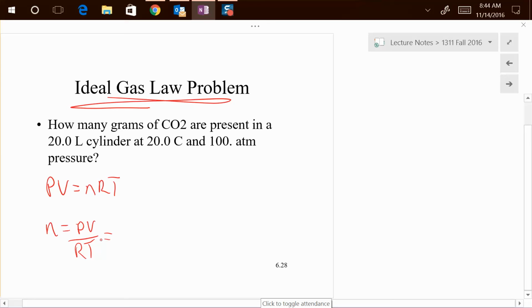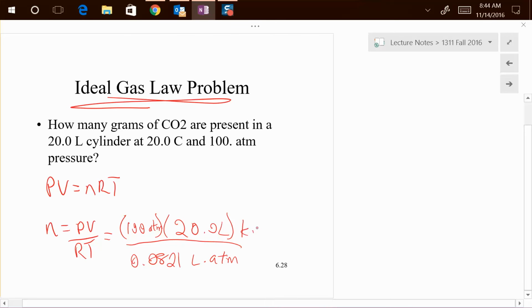What's my pressure? 100. Oops. Yes, it is 100. I was reading it as 1.0. Okay. Thank you. Times my volume of 20 liters, divided by 0.0821 liter atmospheres per Kelvin mole as my units.